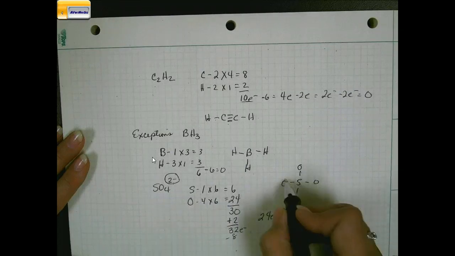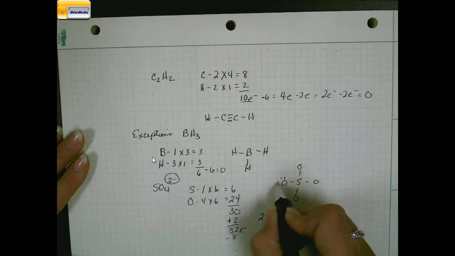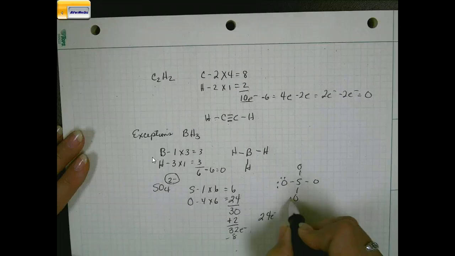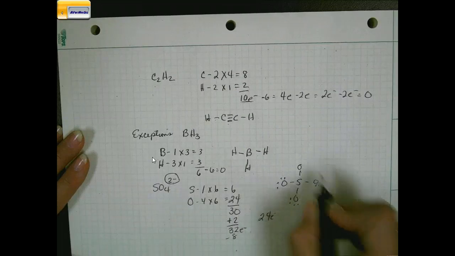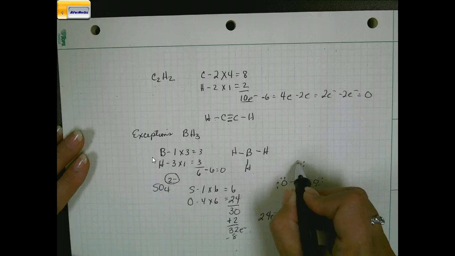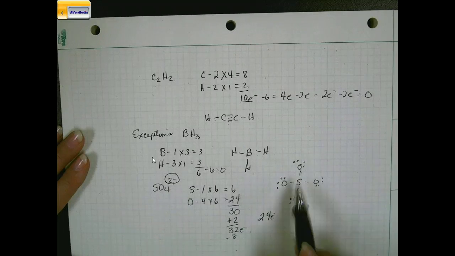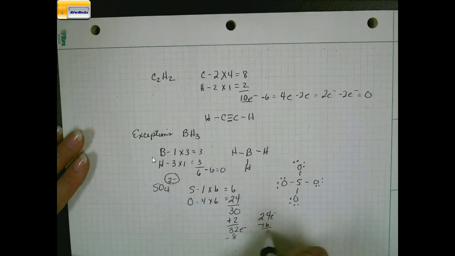So let's put all these guys up to 6 electrons just to get everybody to the same area. And I like to go to 6 because then I know I may have to do some multiple bonds or something. So I've used 2, 4, 6, 8, 10, 12, 14, 16 of these 24, so that leaves me with 8 more electrons.